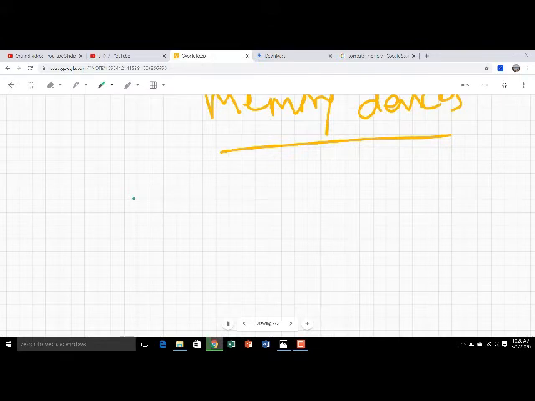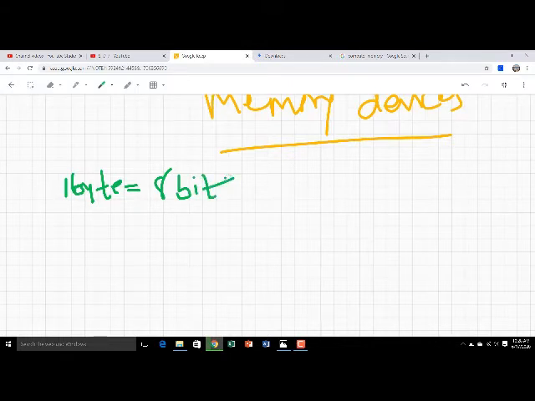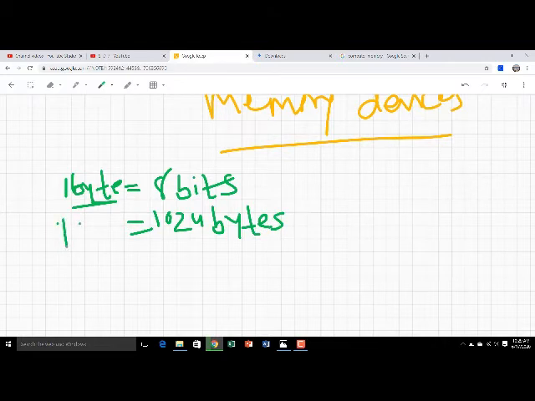There are some different storage units available. 1 byte is equal to 8 bits. 1024 bytes equal 1 kilobyte.